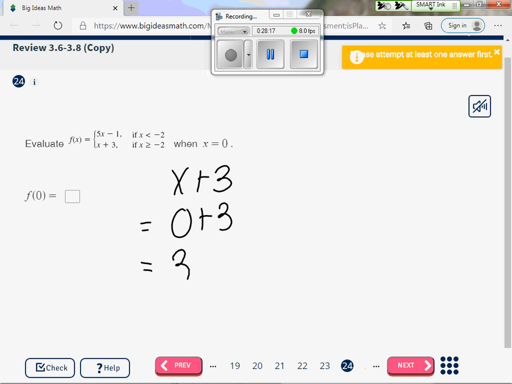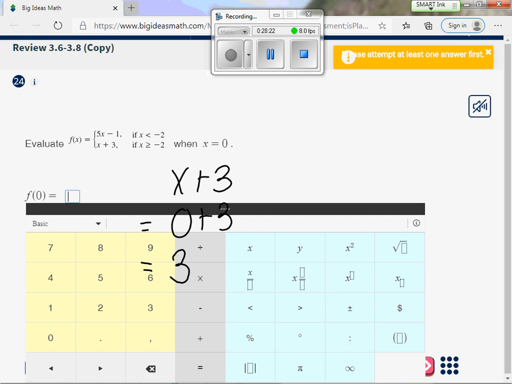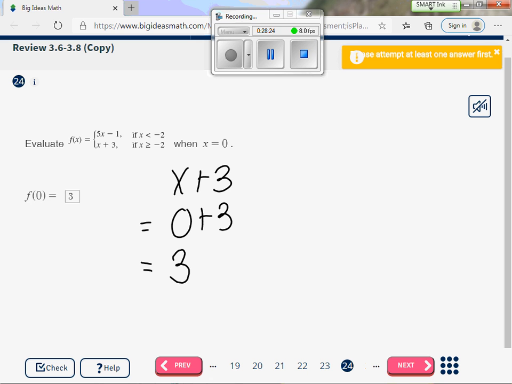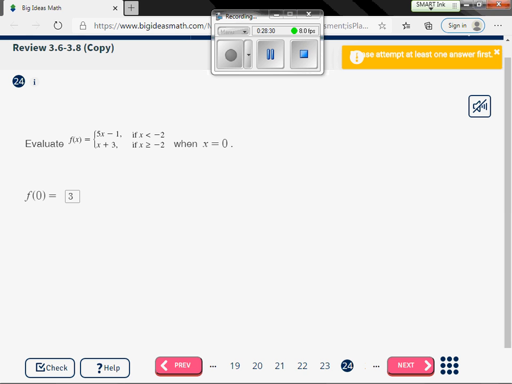Well, 0 plus 3 would be 3. So the number that goes in here would be 3. Any questions on this here so far? And I think if you check it, that gives you the right answer, yes. Okay.